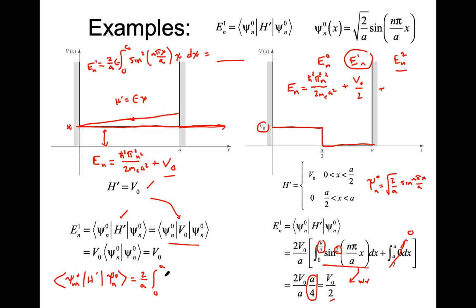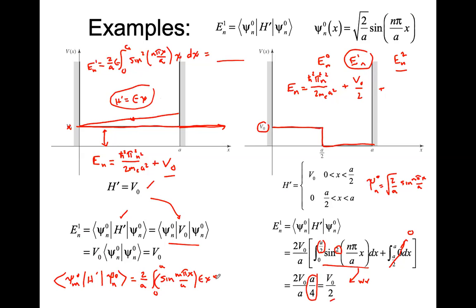Now, be careful here. Sine of m pi x over a, and then that thing is multiplied by that epsilon x, because that's my perturbation right there.